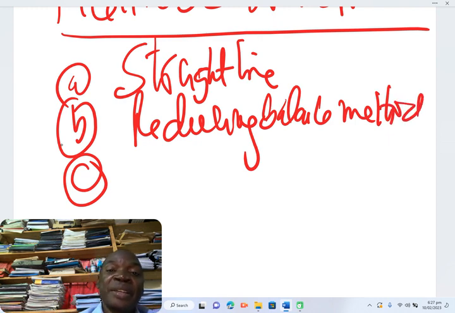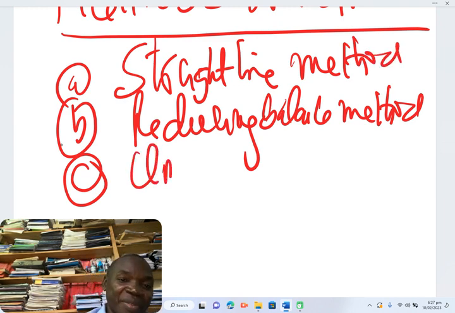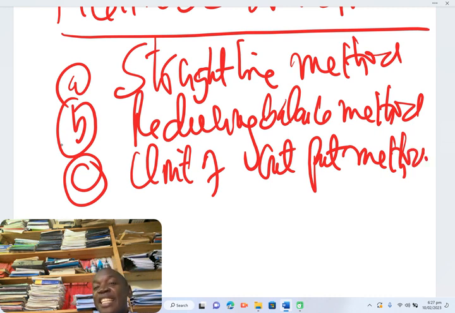Ya tatu, nakuachia homework, inaitwa unit of output method. Sasa nitasolve maswali ya mifano kwa njia hizi tatu tutaiona, alafu tutajua ninachokiongelea.